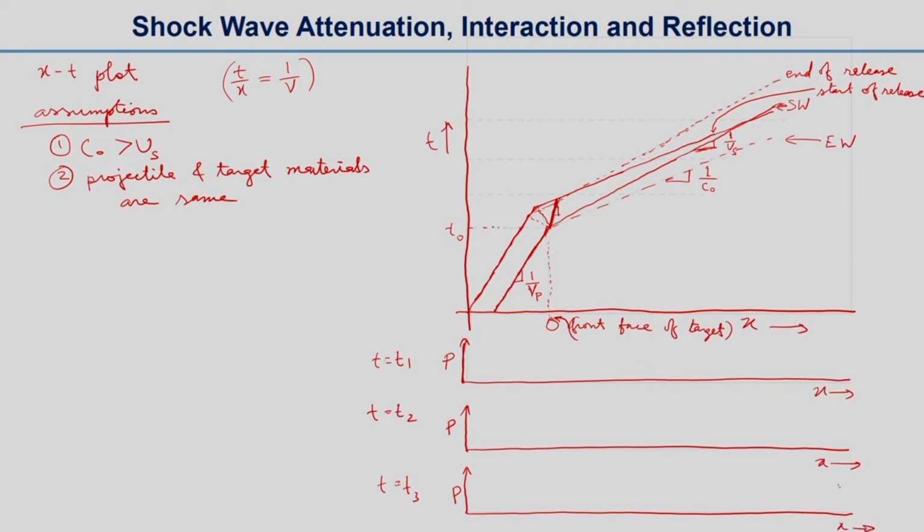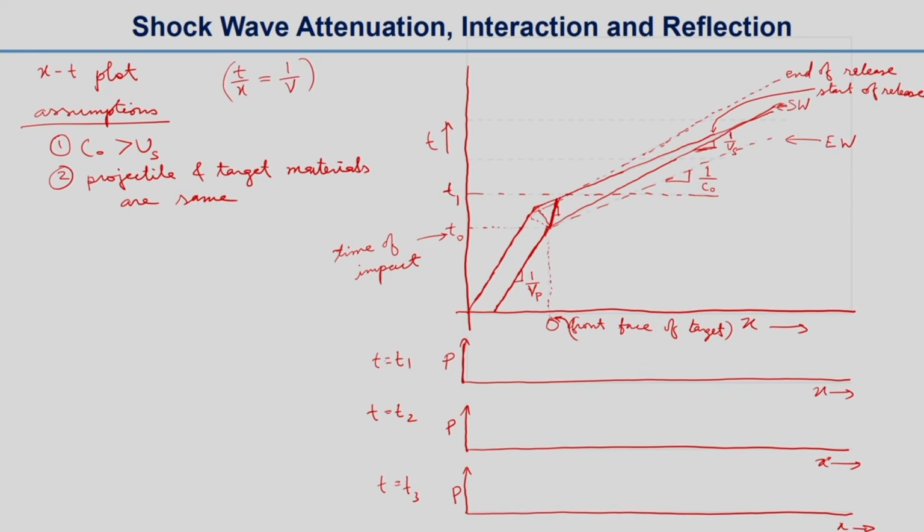First one we will draw at t1, which is this t1, and I am just repeating again that t naught is the time at which the impact happened, the time of impact.